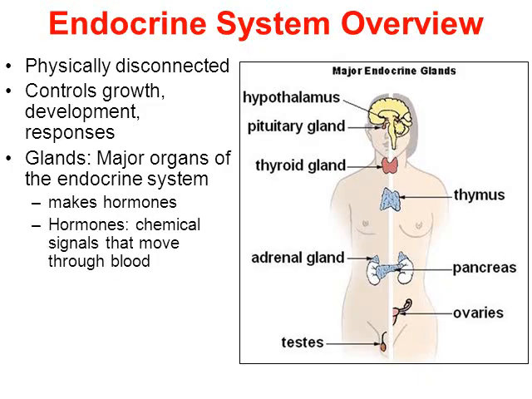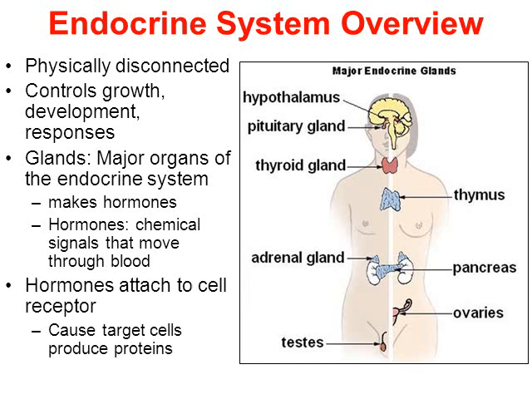And the hormones are chemical signals that move through blood. So the thymus will release a chemical signal called a hormone that will move through blood. And that hormone will cause another part of the body to respond in some way, depending on what the hormone is.